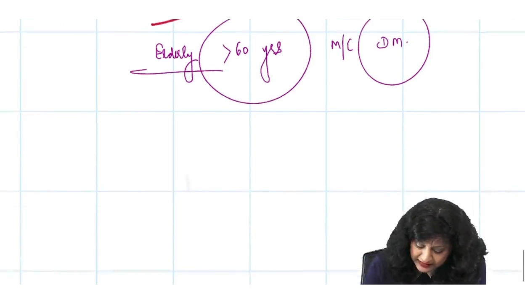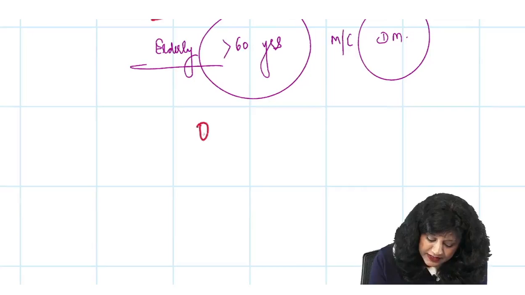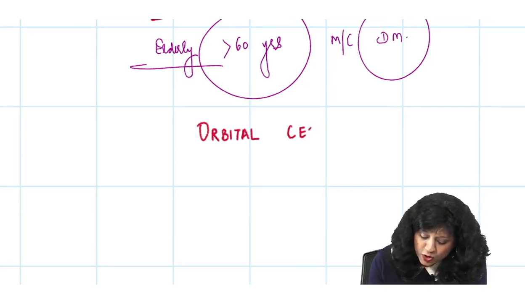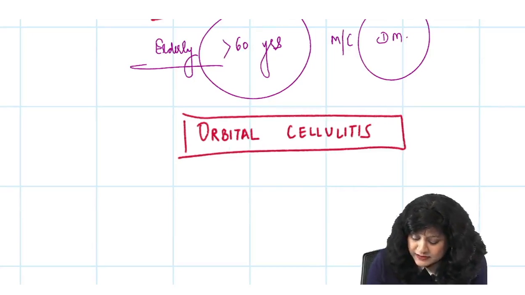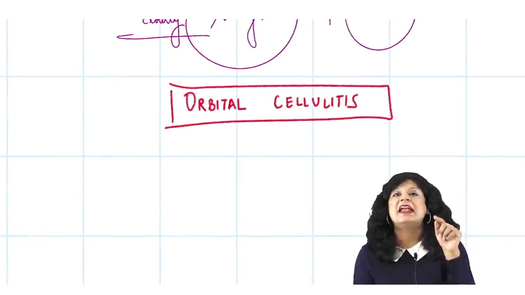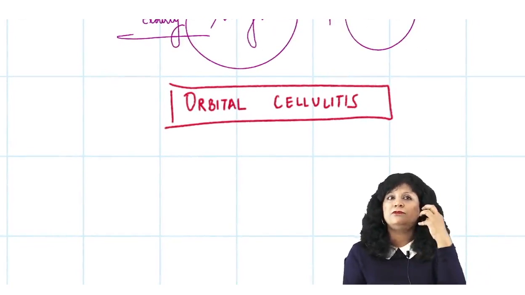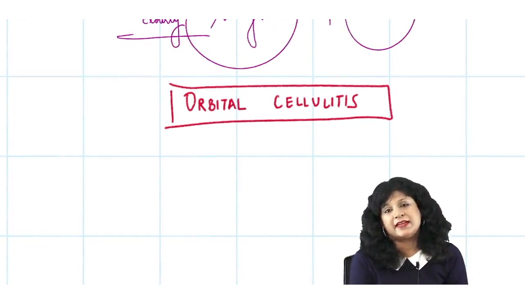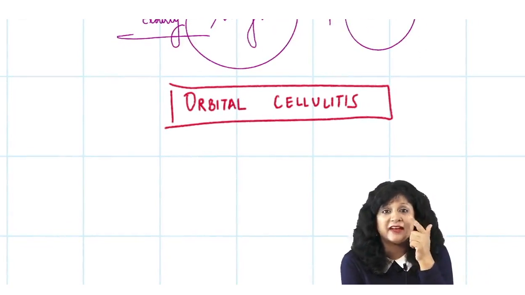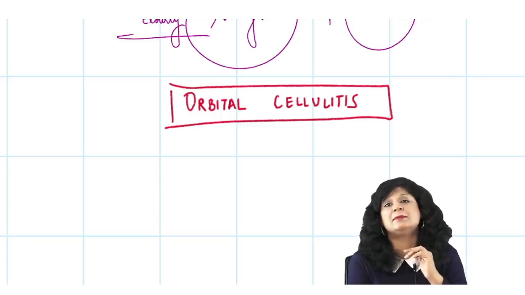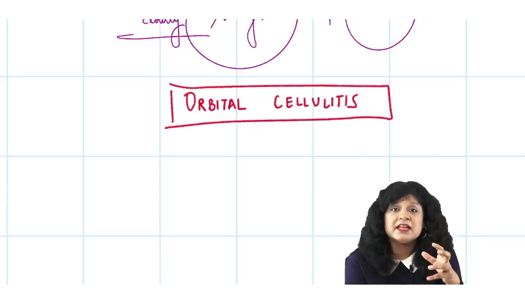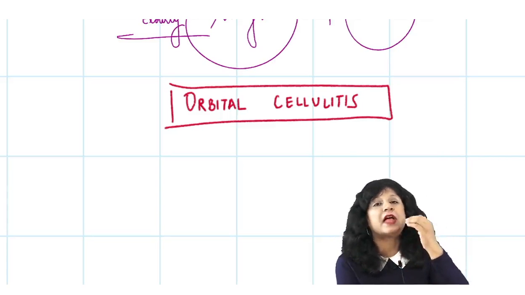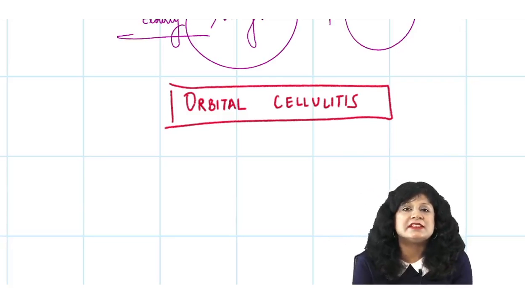Okay. Then the fourth that they have given is orbital cellulitis. Now why is this not orbital cellulitis? Now I think orbital cellulitis is one condition that can mimic very closely this dacryocystitis. We can have the swelling near the medial canthus, because cellulitis means that you are having the infection of the tissue anterior to the orbital septum.